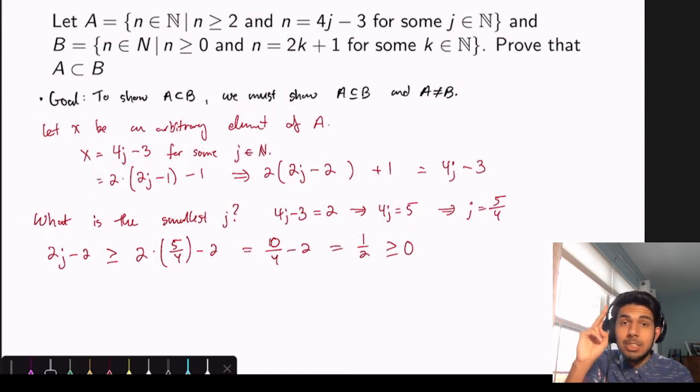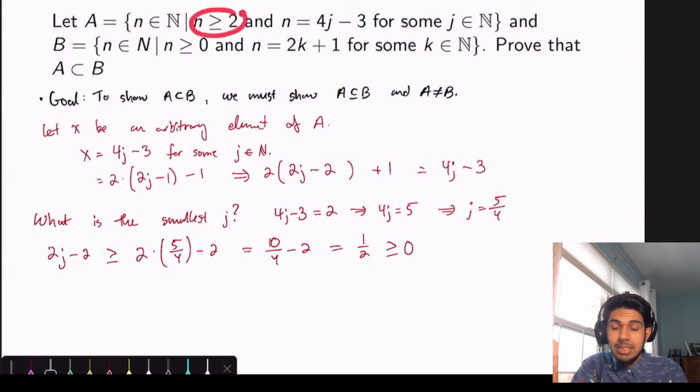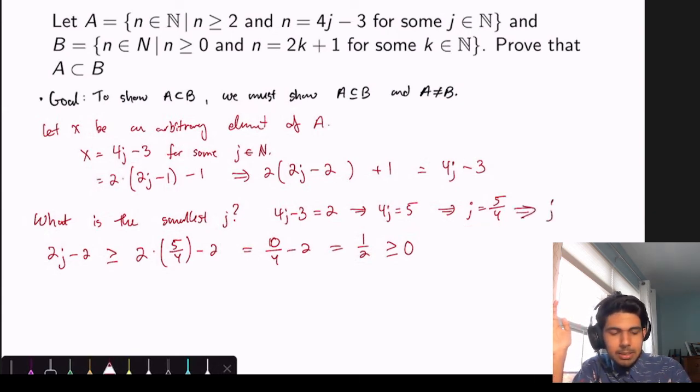But when we get j equals 2, we have 4 times 2 is 8, minus 3 is 5, which is greater than or equal to 2, so we keep that in the set. And as j gets larger and larger, those values will still remain greater than or equal to 2. So this sort of just implies that j has to be greater than or equal to 2.